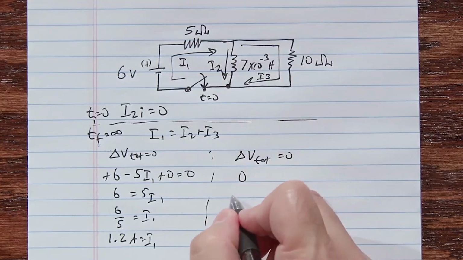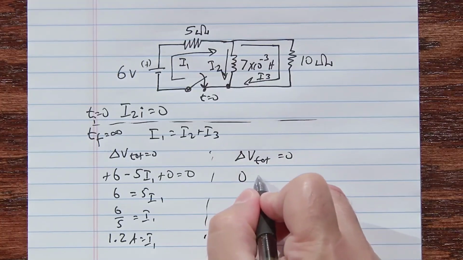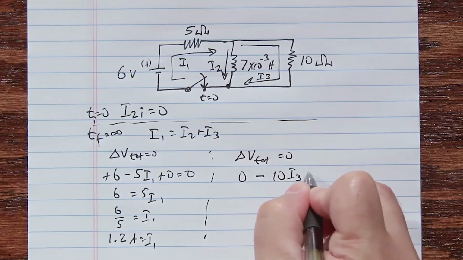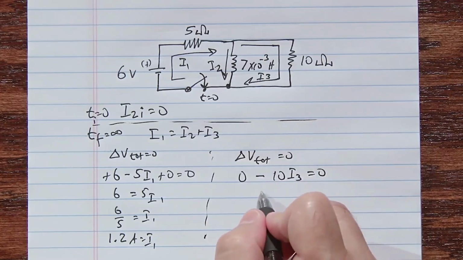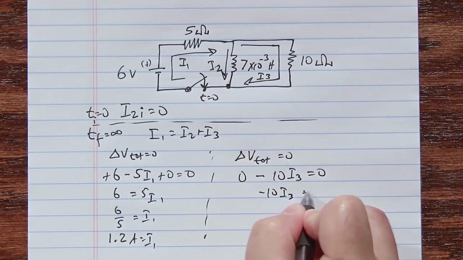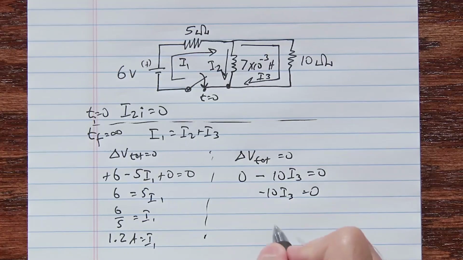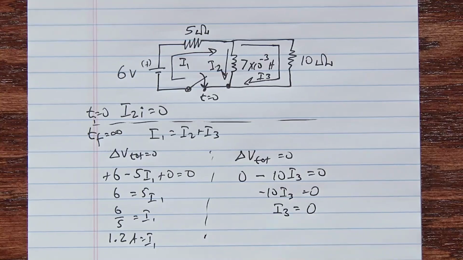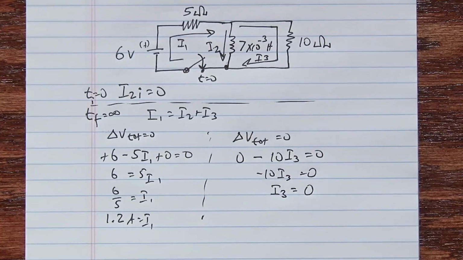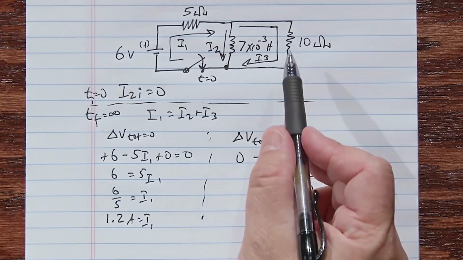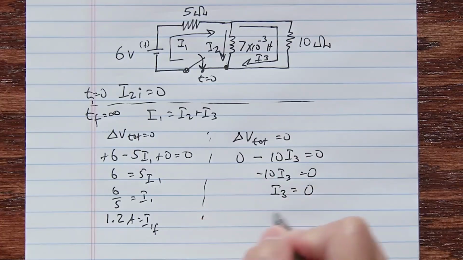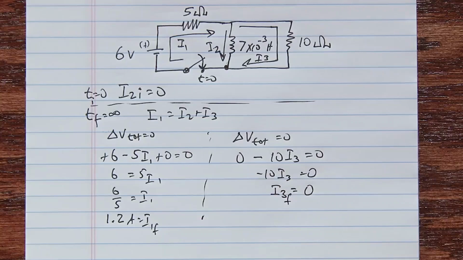So 0 minus 10 I3 is equal to 0, which tells us that I3 is equal to 0. So the final current through the 10 ohm resistor is 0. And actually I'll mark these as final: I1 final and I3 final.